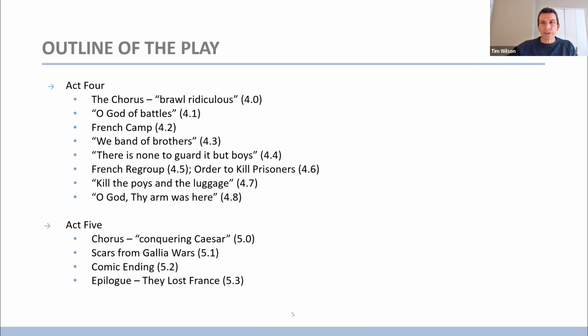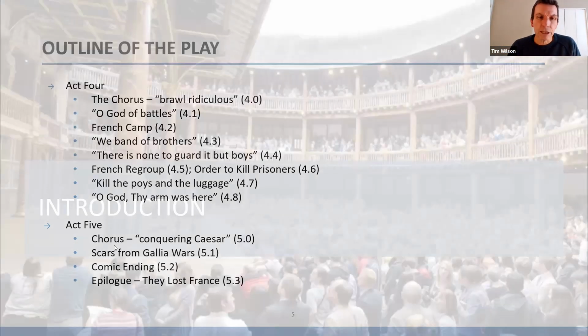These French territories would be lost quite quickly, and there would be bloody internal strife during the Wars of the Roses. And he says, as our players have played for you many times already, and that's referring to the plays of the first tetralogy, the three parts of Henry VI and Richard III. So that's a brief overview of what happens in the play.